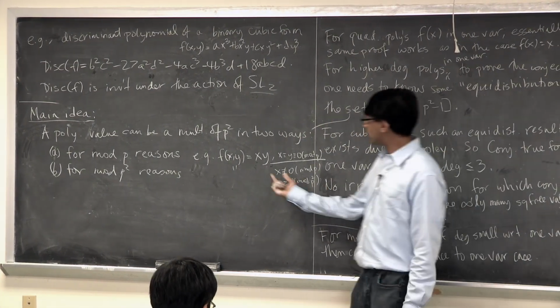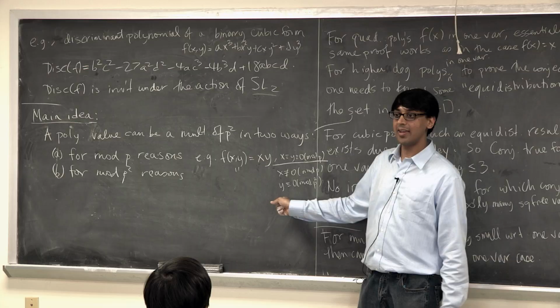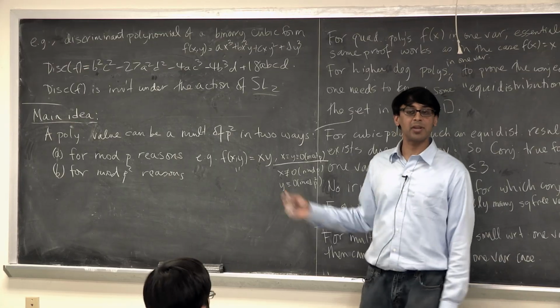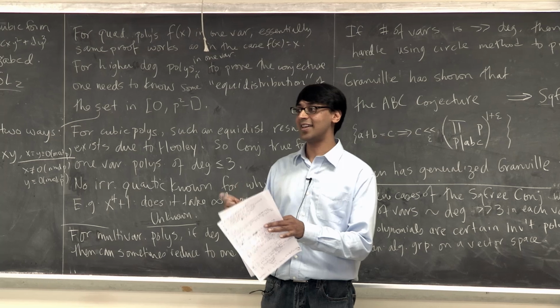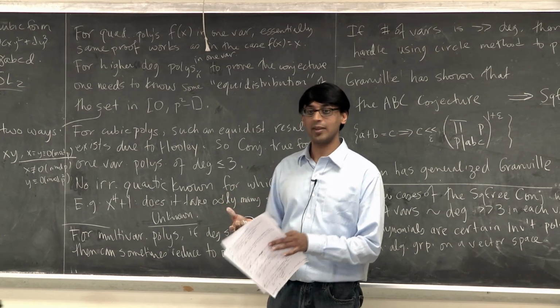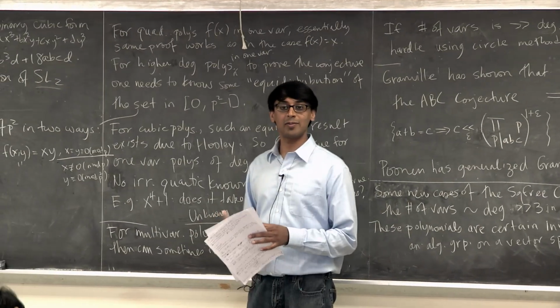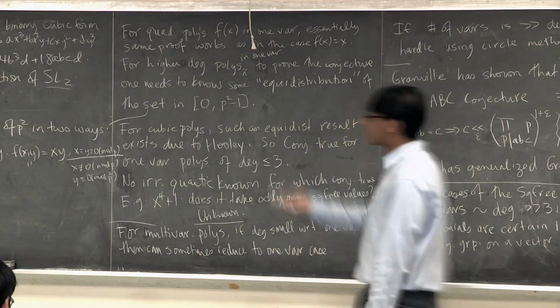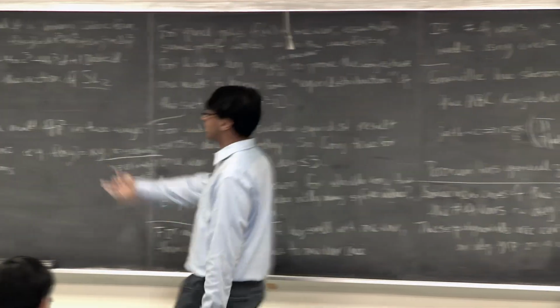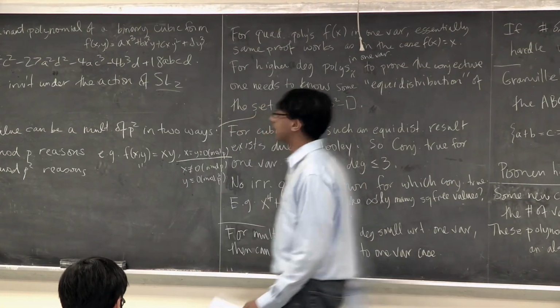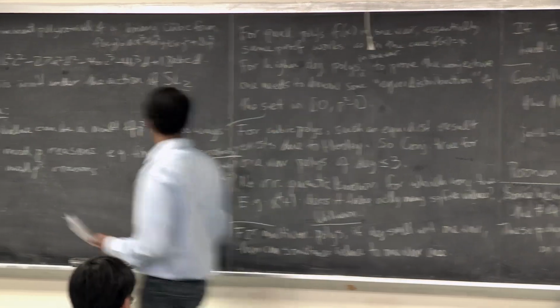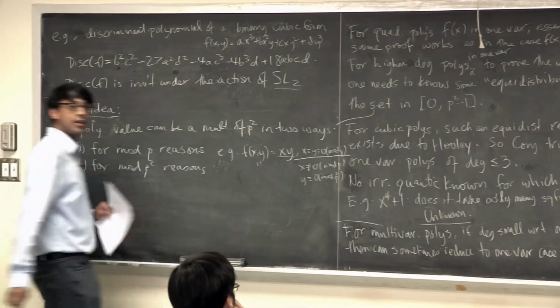Now if you plug in x and y into f of x, y, you are getting a multiple of p squared, but it's not for mod p reasons, because if you switched x and y mod p, it wouldn't always be a multiple of p squared. Only if you change them mod p squared would they continue to be a multiple of p squared. So these are two distinct ways that you can be a multiple of p squared. So in this case, it's very easy to see, but in general, that has to be worked out.